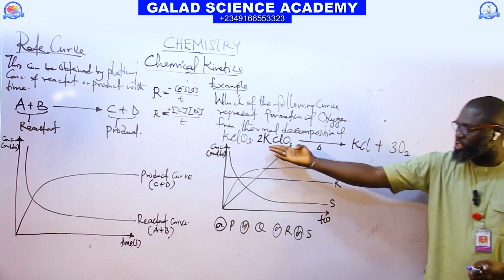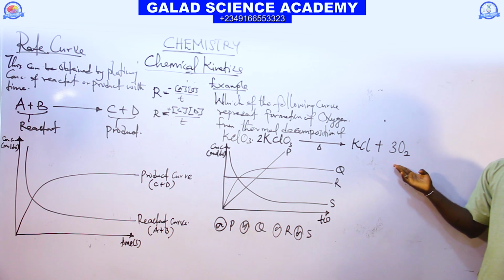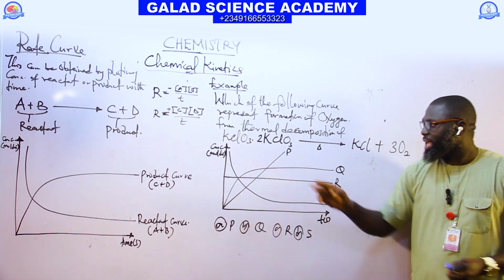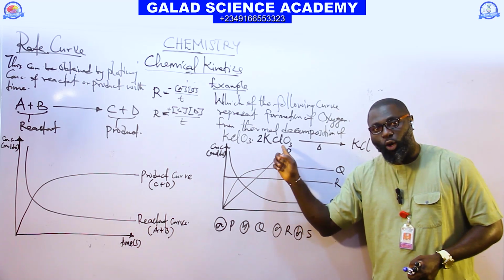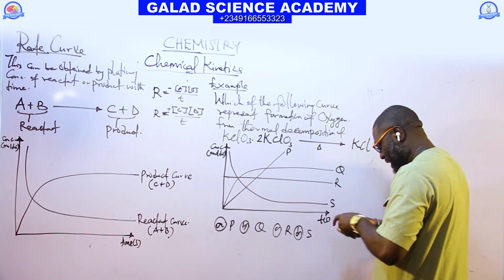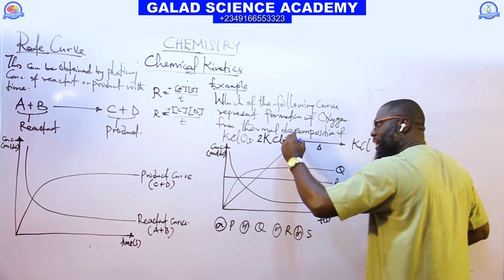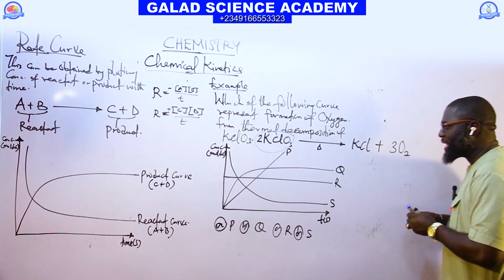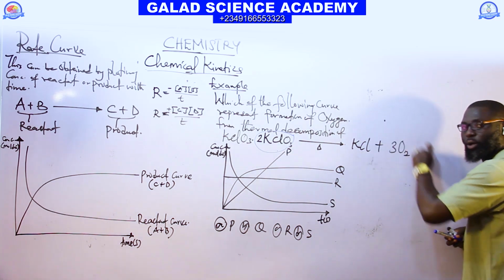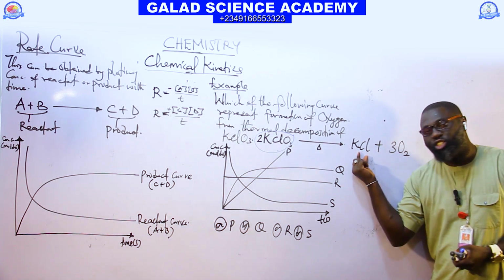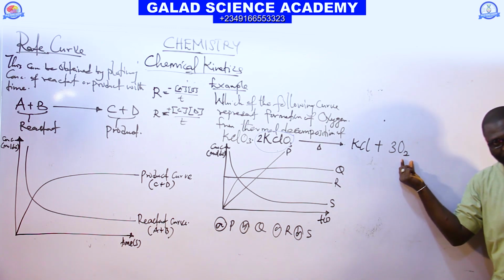Look at the equation of reaction. First, on the reactant side, what do we have here? KClO3 is a reactant. So everything you have here are reactants, and everything you have here are products. At the product side, we have potassium chloride and oxygen gas.